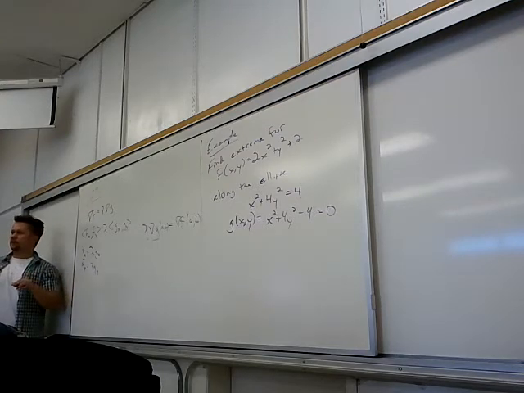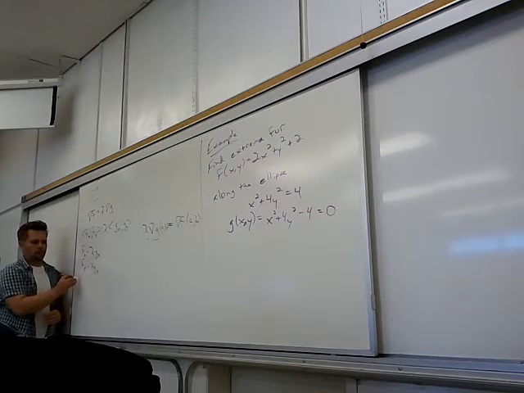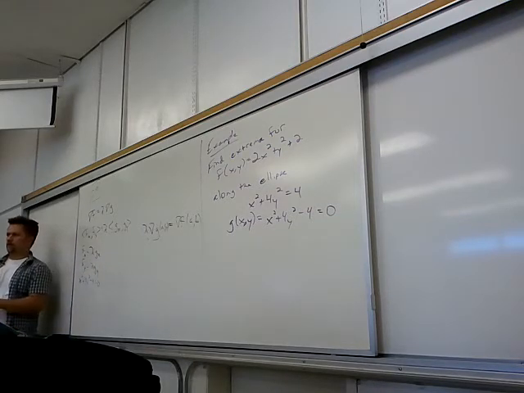I don't know x, I don't know y, and I don't know lambda. How many equations? I've only got 2 equations. So the last equation is always going to be that g of x, y equal to 0. Okay. That's how you create your system of equations that will get you to the answer.